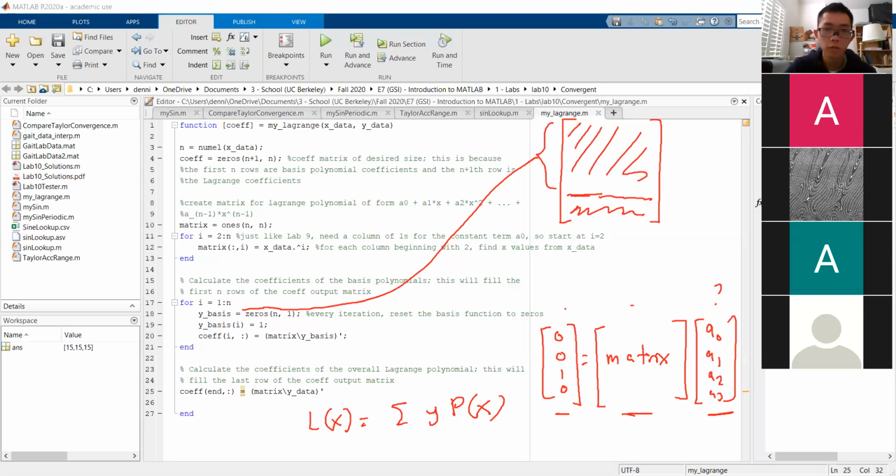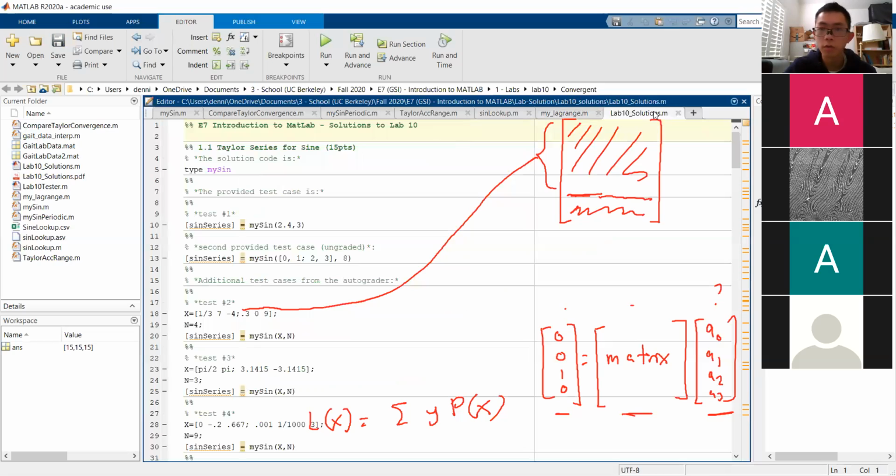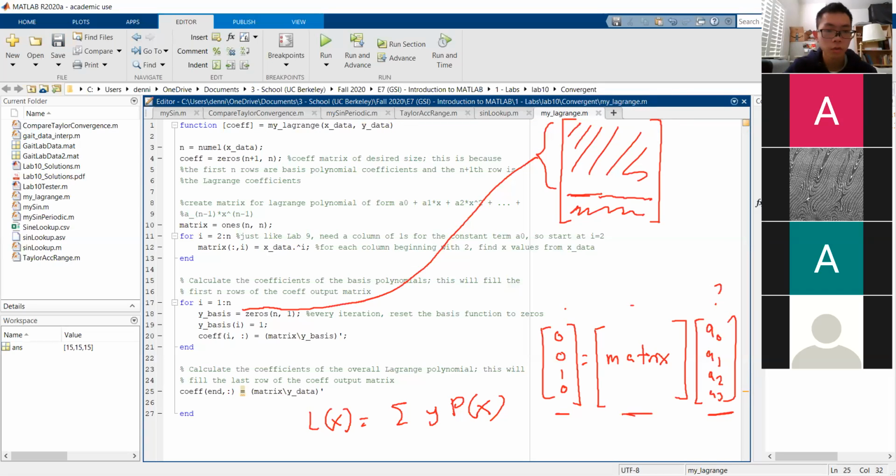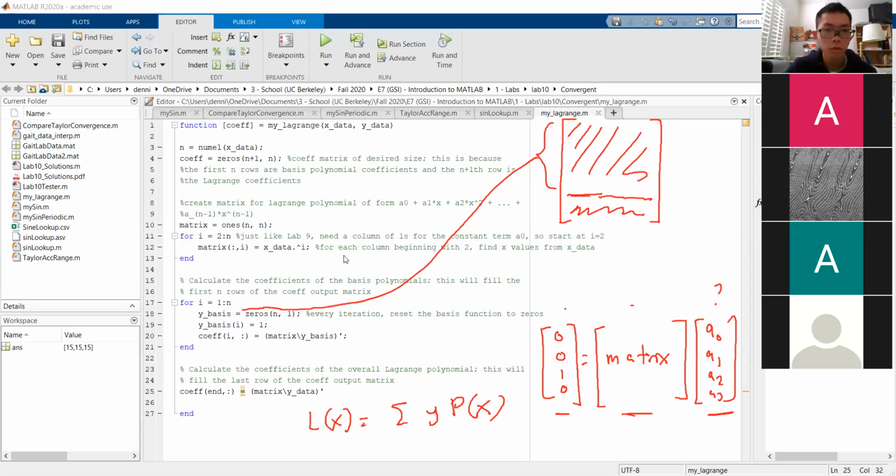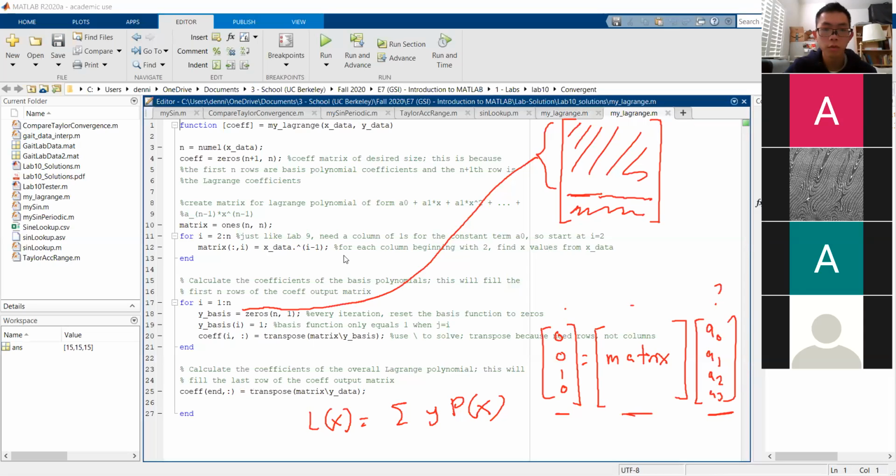I believe it is. No, not that one. My Lagrange. There we go. Yeah, there we go. They use transpose, but you can do that apostrophe. Kind of make sure of that.